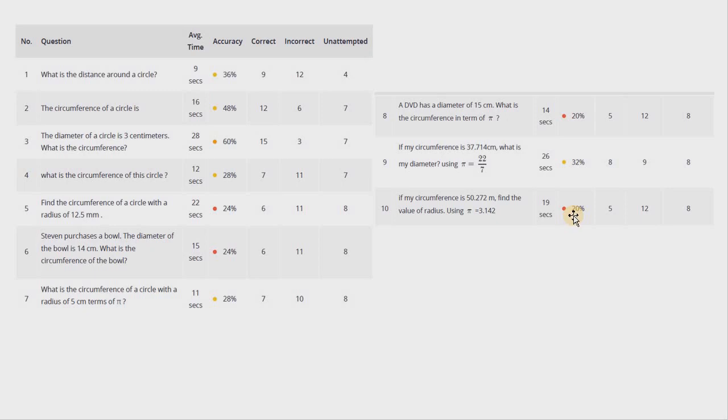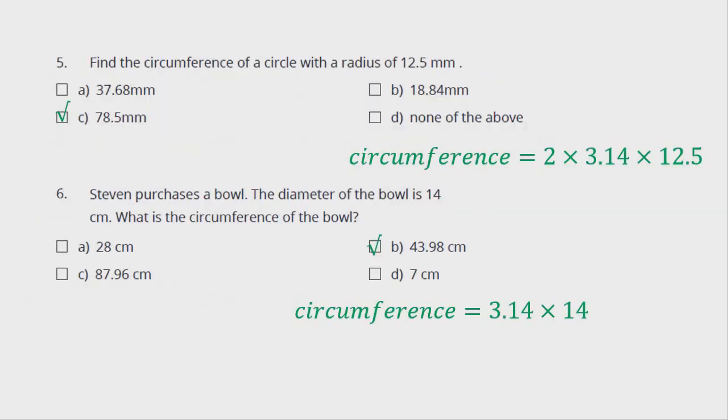If I have time, maybe I will do another video for the other questions. But for now, I want you to try out the other questions by using the link I post later. Okay, so now we go to questions number 5 and number 6.